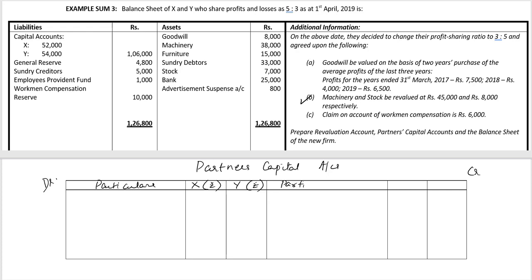Particulars, Partner X rupees and partner Y rupees. We'll bring down the balance of the capital accounts of X and Y by balance brought down. 52,000 against X and balance of Y is 54,000 rupees.